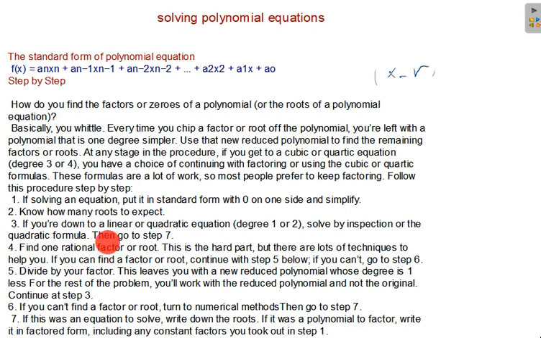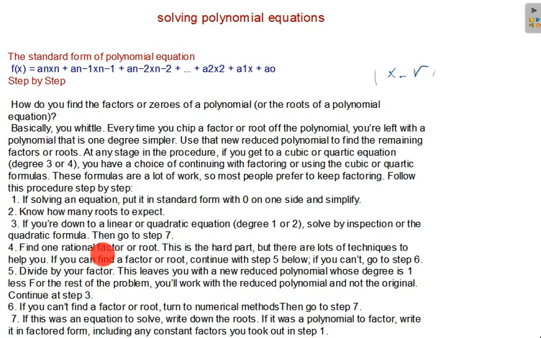So first thing, if you are down to a linear or quadratic equation, then we can solve them with the previous factorization method or completing the square or any method that we have learned previously. Then find a rational factor.